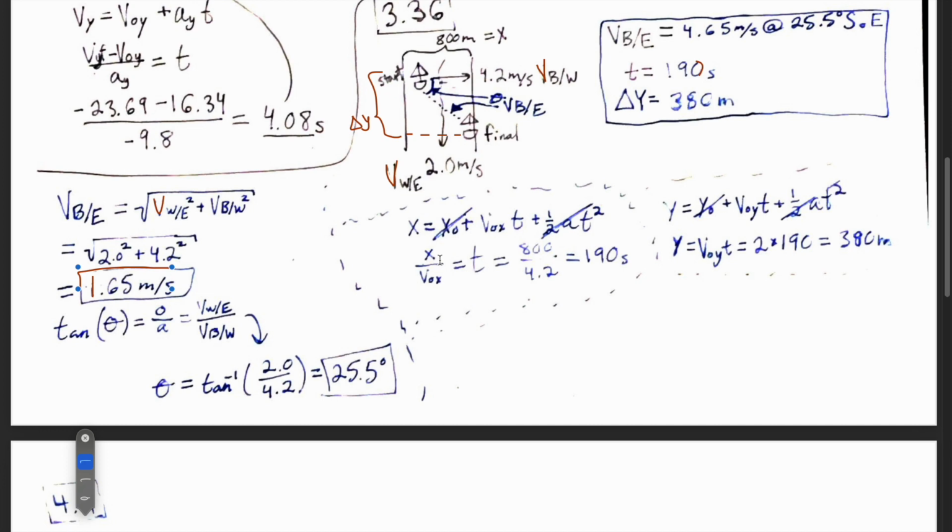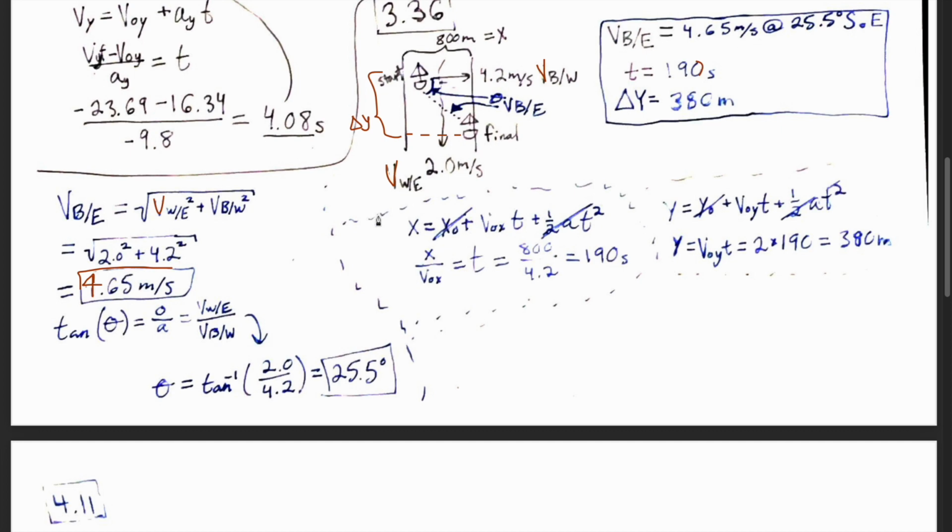It is 4.65. So my notes got a little messed up here. This is a 4.65. Glad I checked. Yeah, 1.65 didn't seem right. Okay, so then you've got this, the magnitude.